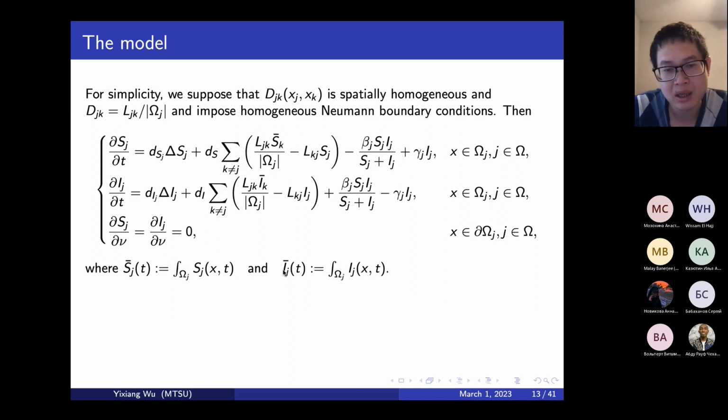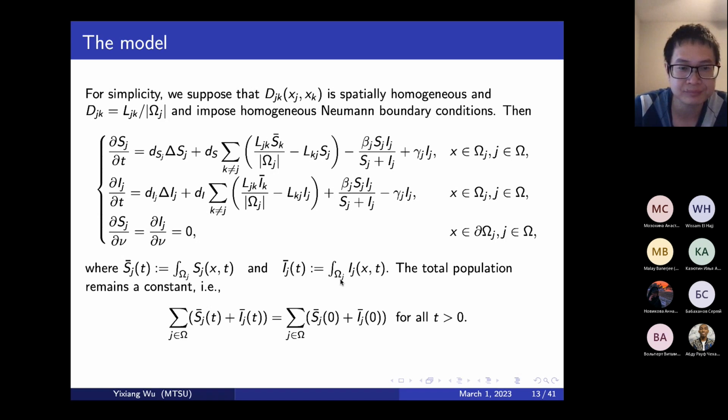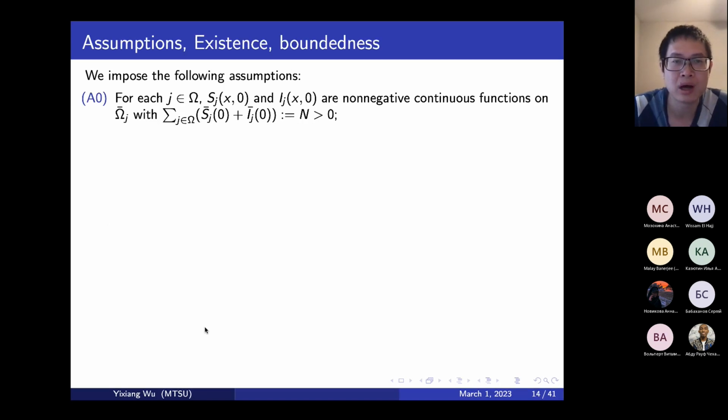Similarly, Ij bar means the total infected people in omega j. Again, we can add up these equations and integrate them, and we can show that the total population remains a constant.